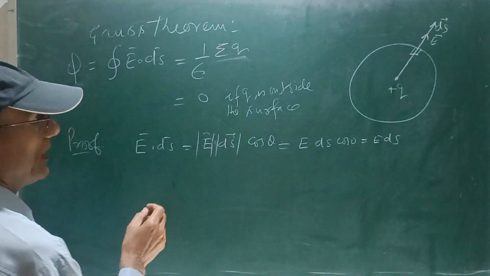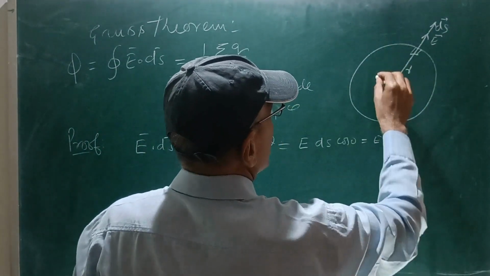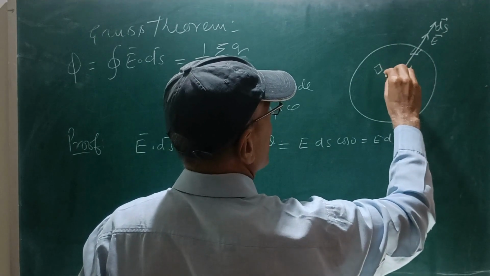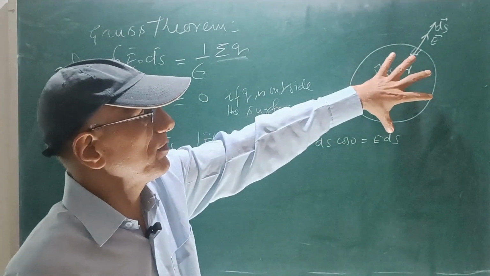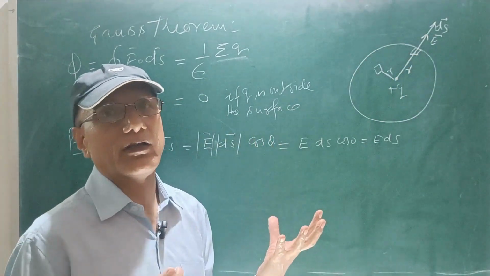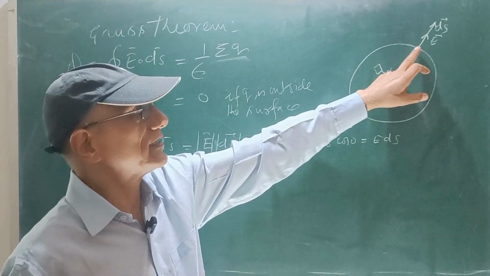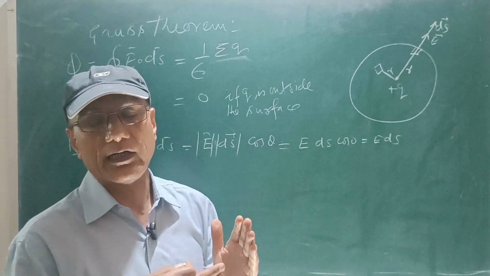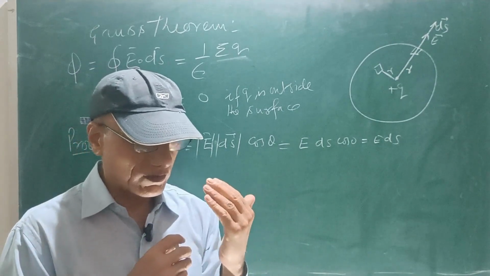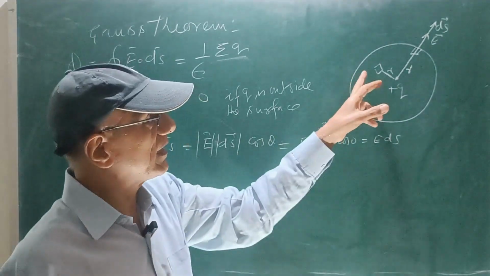The magnitude of E at this point is at distance R. If the surface is this, again this distance is R. You just take the case of a watermelon or the football, these hexagonal patches. If you see the distance of the hexagonal patch when it is here, it seems as R. But when you see the patch just in front of you, then you feel like this.